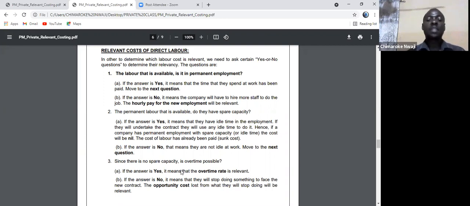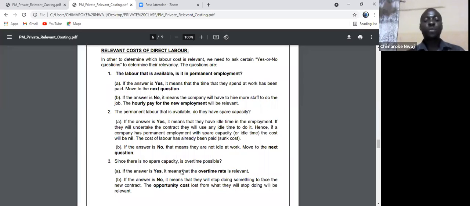Now, assuming that there is no overtime, let's say you ask them and they can't come earlier than 8 o'clock or they can't stay beyond 5 o'clock. And they can't come on weekends. Overtime is not possible. What do you do? And you want to do that contract.